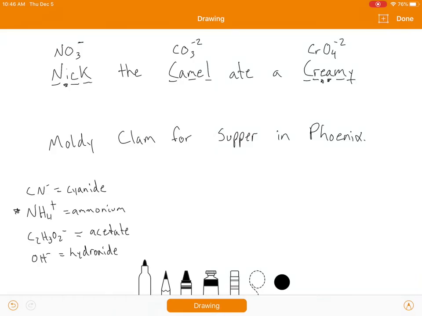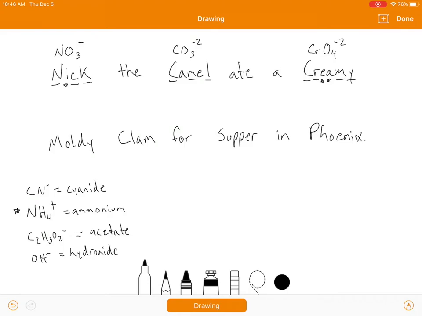So in the normal elements, not the man-made ones, you have magnesium, molybdenum, and manganese. Molybdenum would be the obvious choice because we start with MO, but we don't have any polyatomic ions that you need to memorize dealing with molybdenum or magnesium.